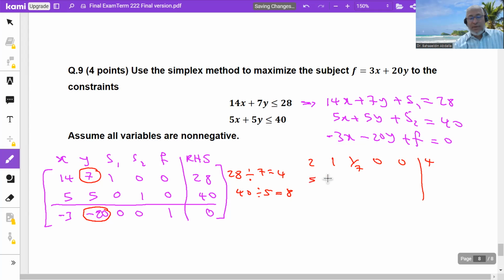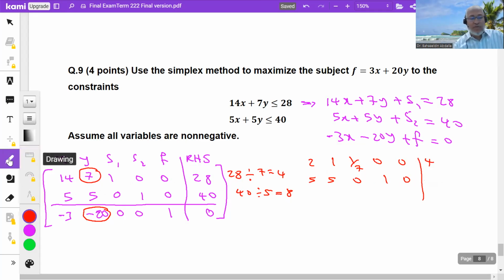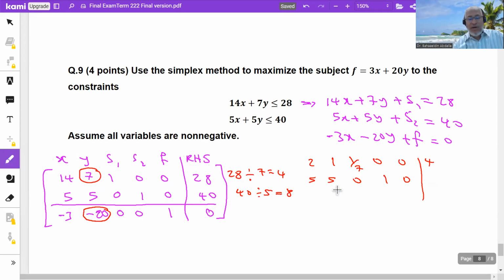And the other rows remain the same: 5, 5, 0, 1, 0, and I have 40 here.